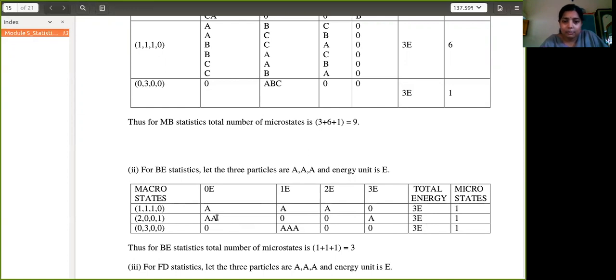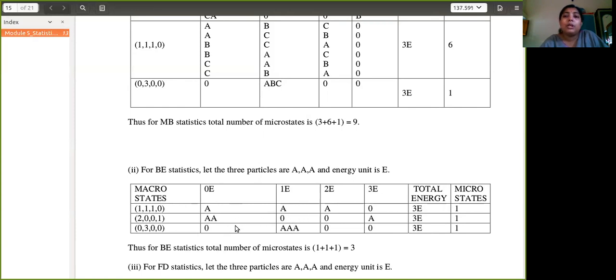Look here, among them, only the first one, 1 1 1 0, has one particle in each state. Of the rest, 2 0 0 1 has 2 particles in the 0 state, and 0 3 0 0 has 3 particles in the 1 state.